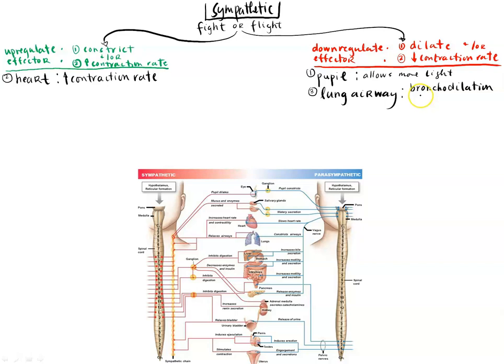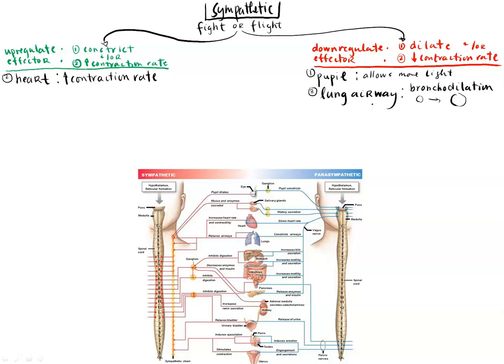And what that allows me to do now is increase the diameter of my airways. Yes? That allows me now to have more air in the lung. And if I am running, do I need more air in the lung? Yes, I need more air because I need more oxygen. Okay, is this starting to make sense to you folks?